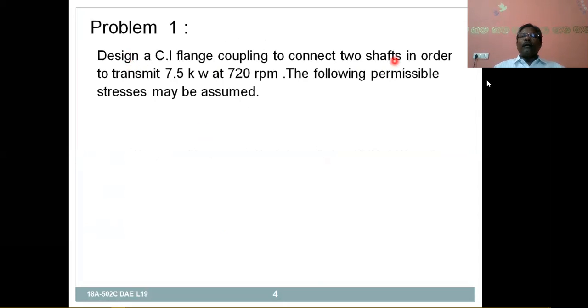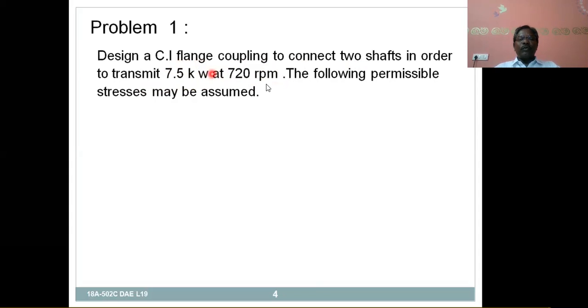So here the problem is: design a CI flange coupling, cast iron flange coupling, to connect two shafts in order to transmit 7.5 kilowatts power at 720 revolutions per minute.